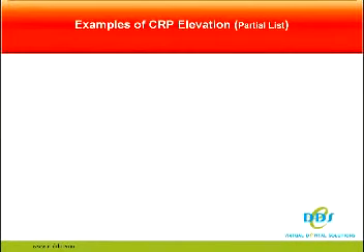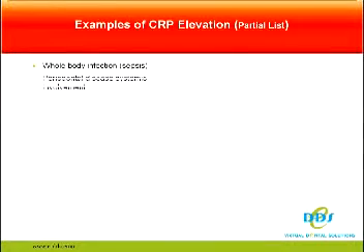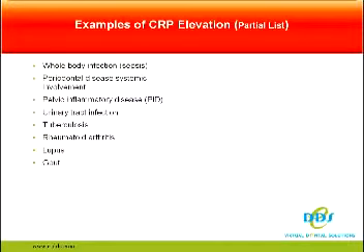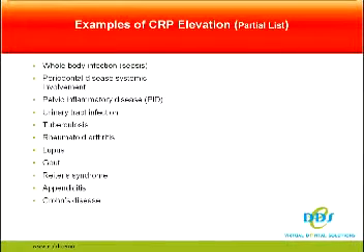Examples of CRP elevation. This is a partial list of all those conditions that could elevate CRP levels. As we go down the list, we see urinary tract infections and rheumatoid arthritis, Crohn's disease.